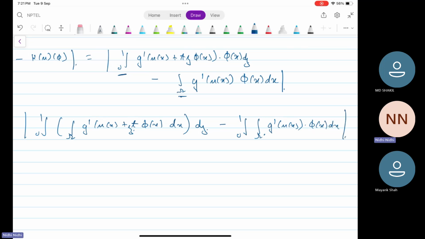This we are able to do because x and z are independent.